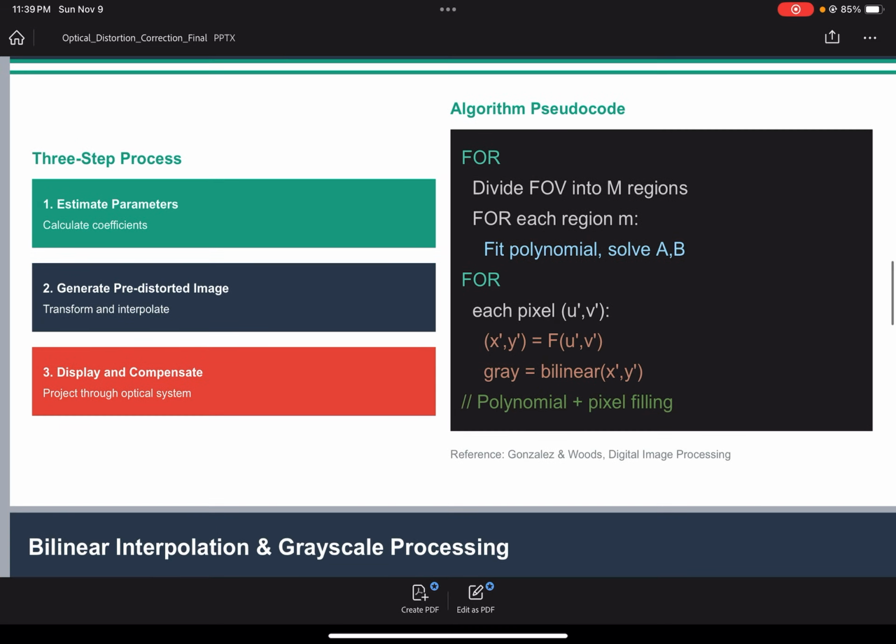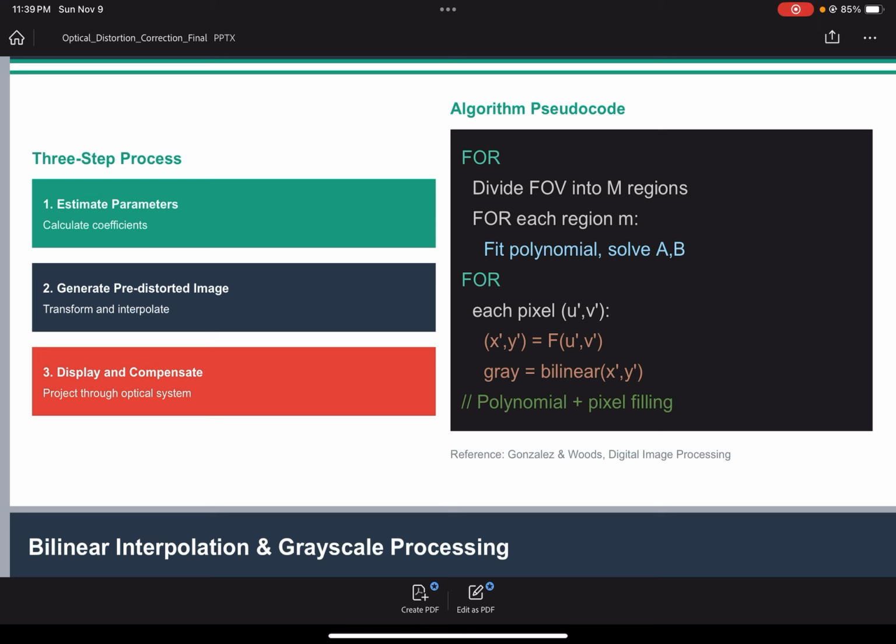And if you look at this pseudocode, you can see the two main loops. The first divides the field of view into m regions and fits a polynomial to each, solving for coefficients using least square optimization. And the second loop processes each output pixel. For every pixel position in our output, we use our polynomial function to map backwards to find where in the input image we should sample from.